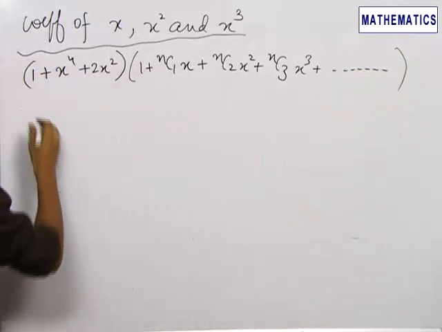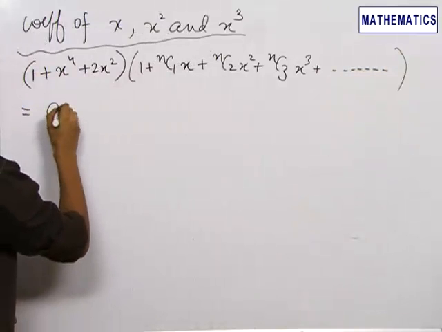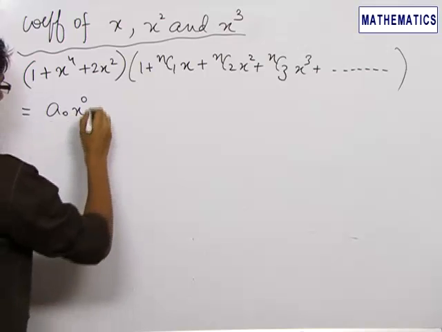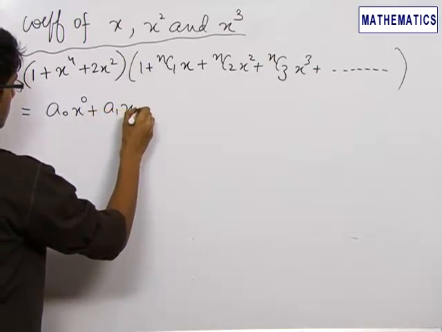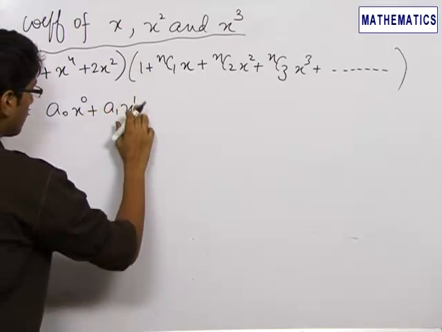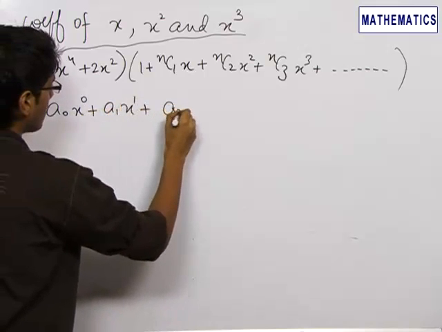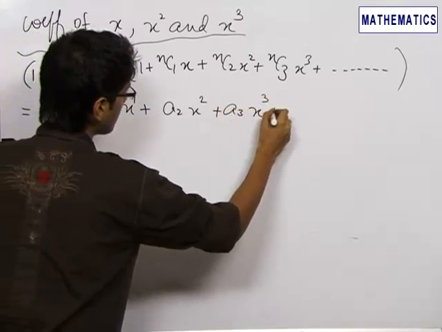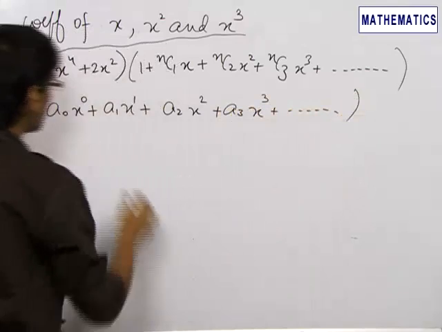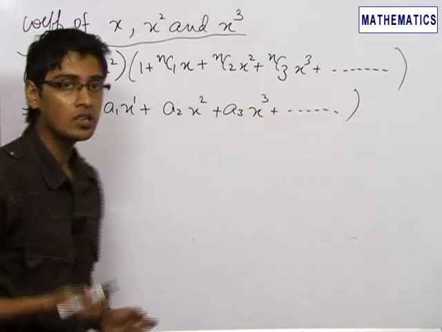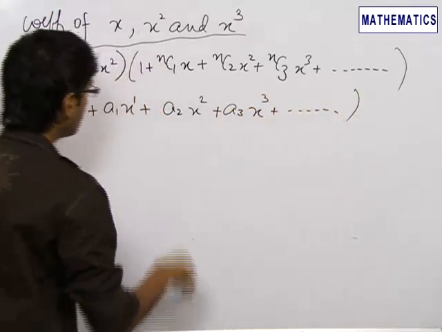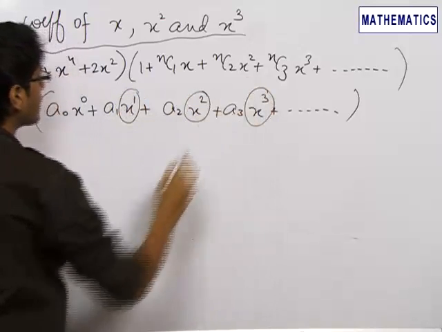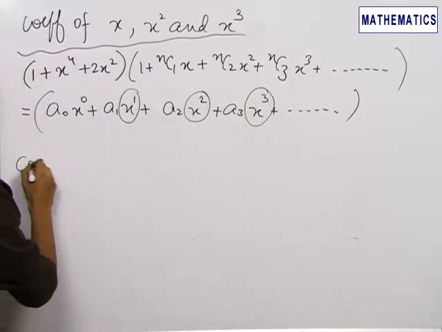Also, this is equal to a0 x⁰ + a1 x¹ + a2 x² + a3 x³, and we need not write the other terms because we are interested just in the coefficients of x, x² and x³.